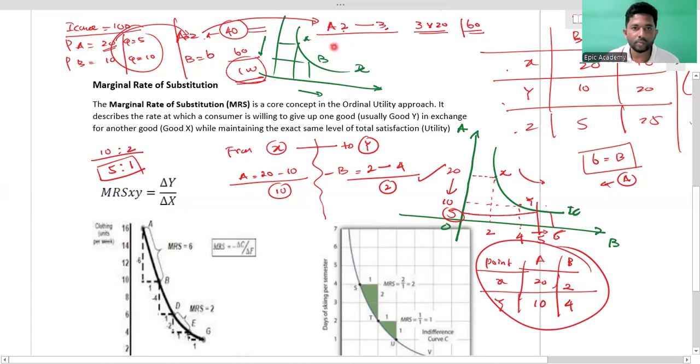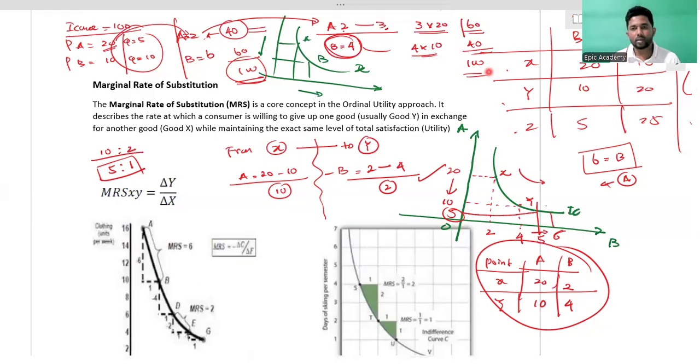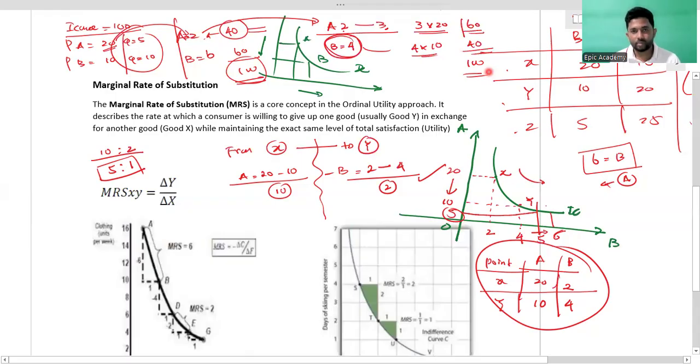He can only consume 4 units, isn't it? 4 multiplied by 10 is 40 rupees, so 100 rupees in total. Isn't it practical? Yes. When you increase the consumption of something, you have to sacrifice something. That's the reality of life. That means substitute.